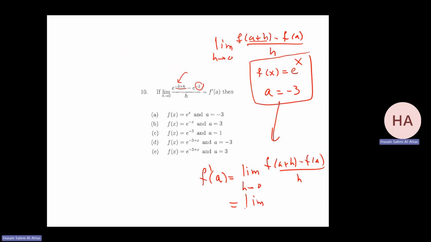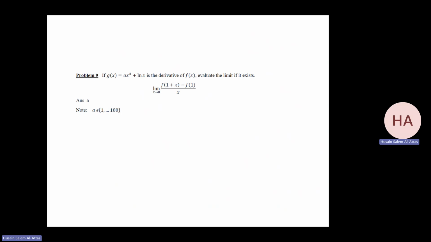What is f of a plus h? I consider this function, where a is minus 3, so it will be e to the power minus 3 plus h minus e to the power minus 3, over h, which is this one. So this is f prime for this function at minus 3, and this is the answer.